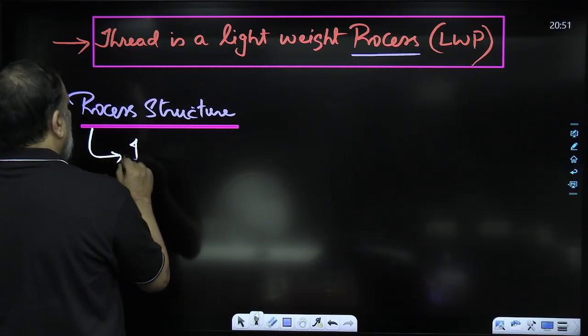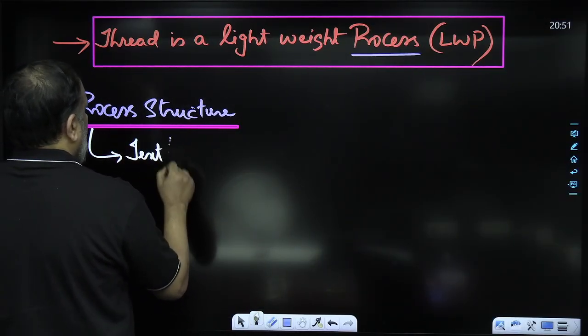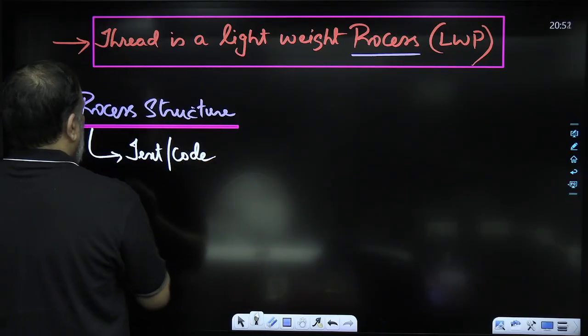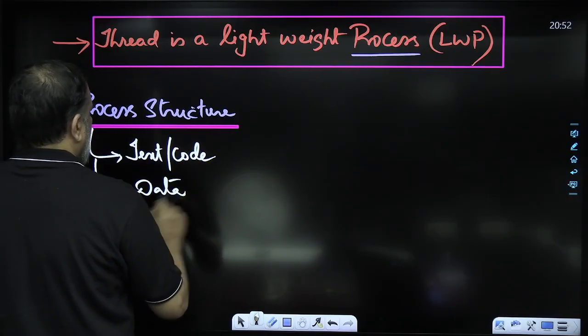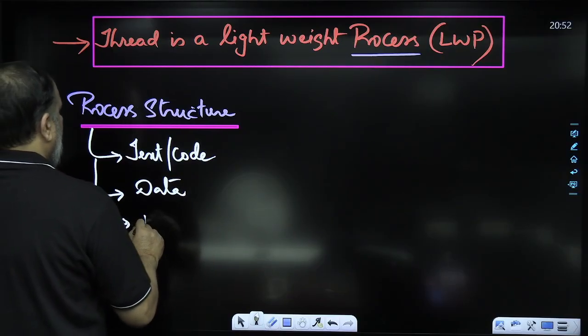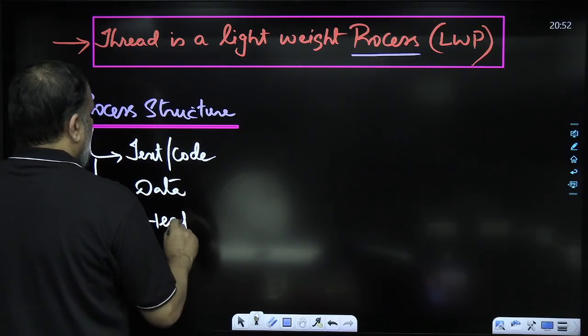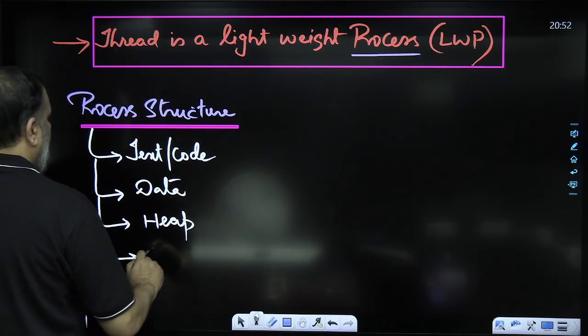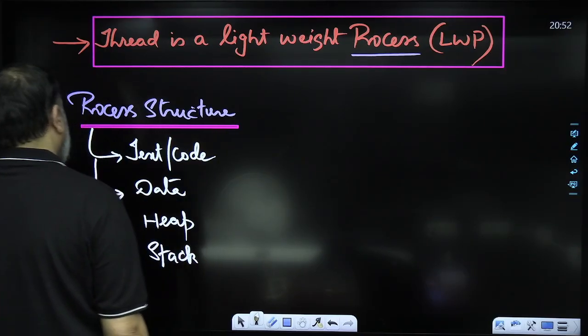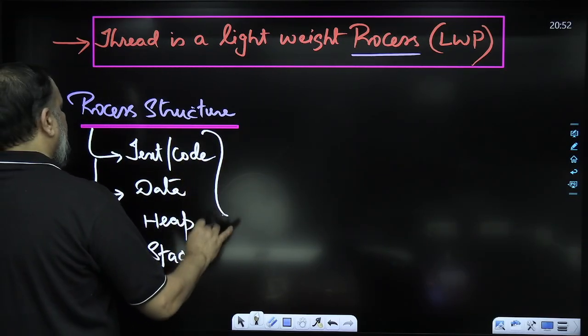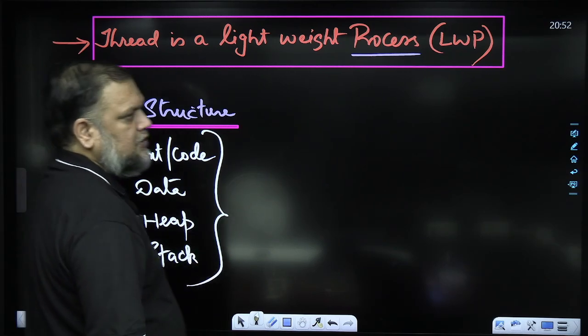Will have its text or code section, okay, and then we'll have the global data section, and process will be associated with a heap for dynamic memory allocation and a runtime stack. The purpose of stack is for storing the activation records. These are the constituents of a process as part of its structure.